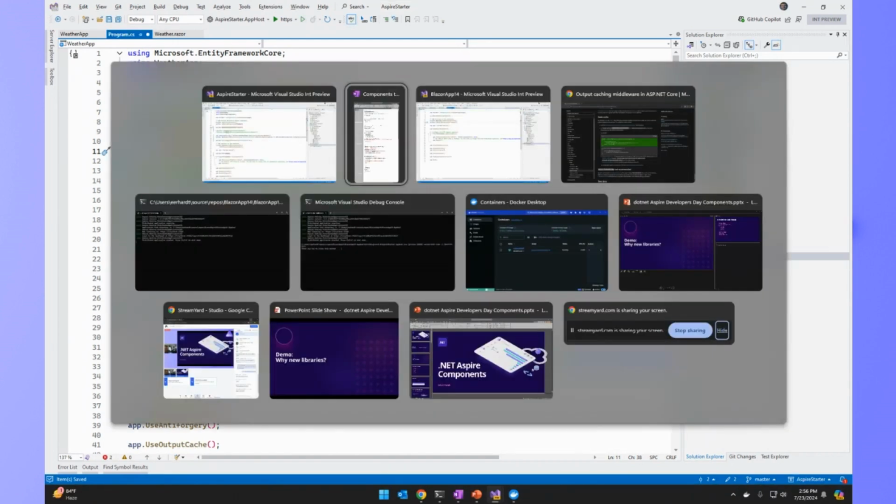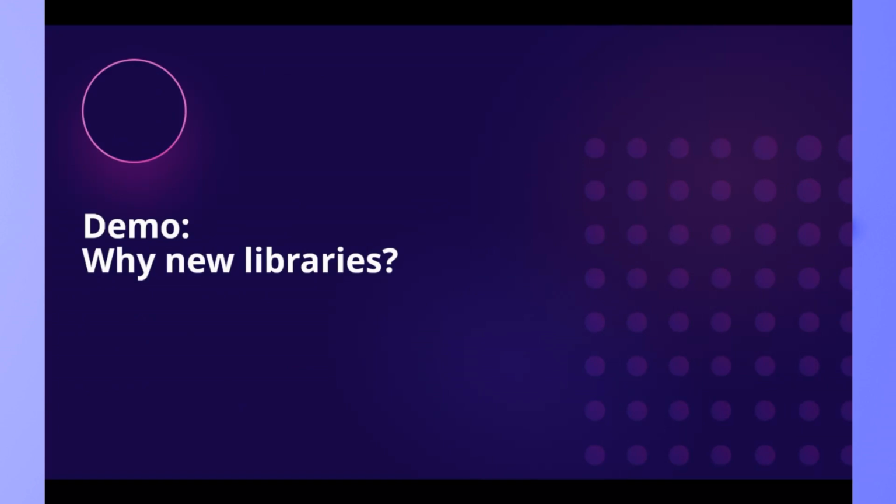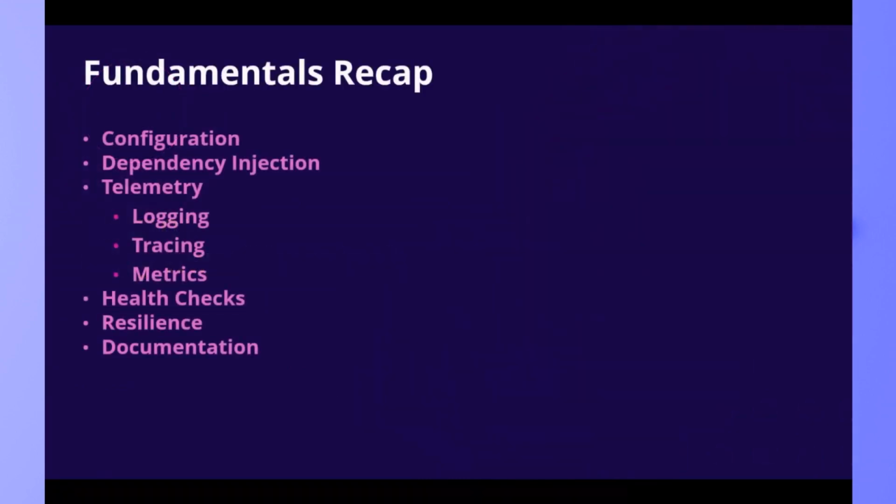Okay, so I think that explains why we built Aspire components and what they do. To recap some of these fundamentals: configuration allows you to configure your client library pretty quickly and consistently. It injects things into dependency injection to be used inside your app. It enables telemetry out of the box.